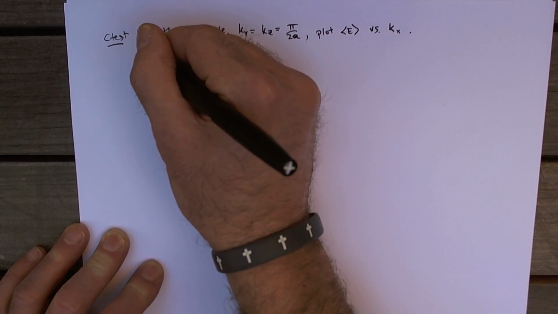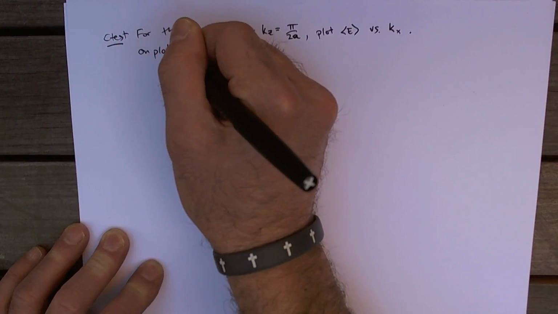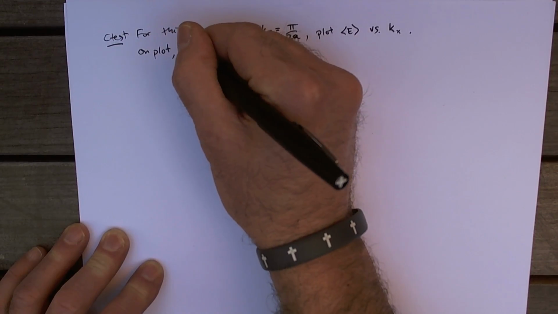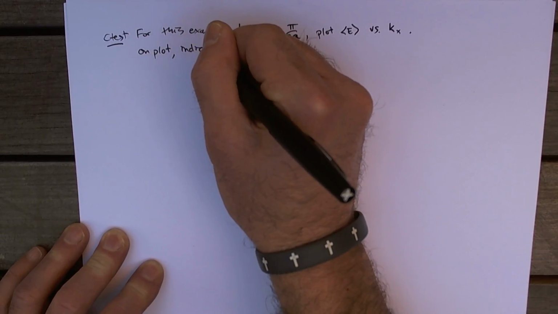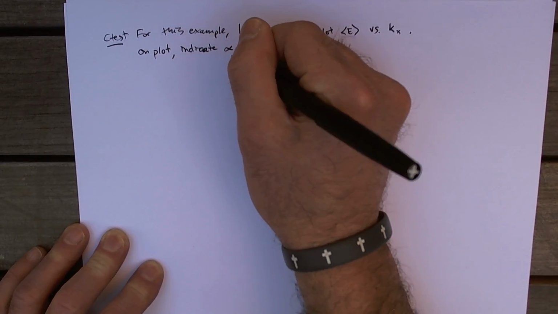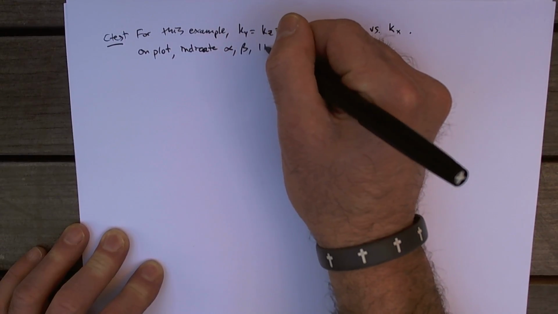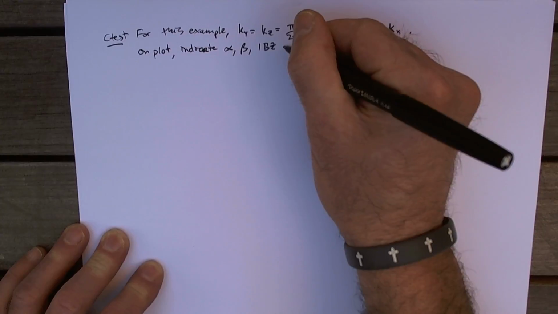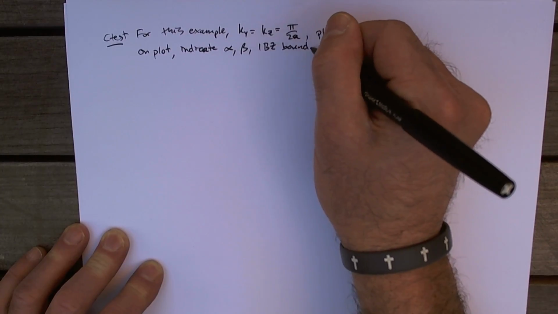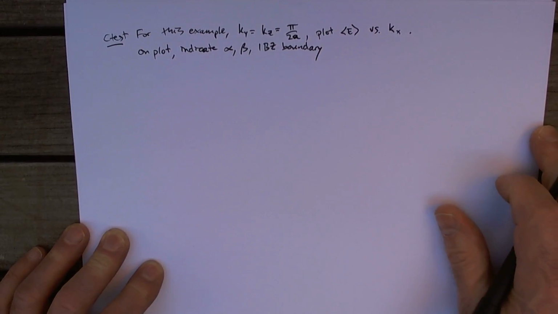And on your plot, you should indicate alpha, beta, and the boundary of the first Brillouin zone. So take a couple of minutes, pause the video, take a couple of minutes to do that, and then come back to the video.